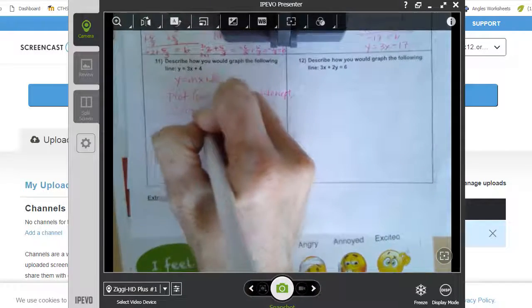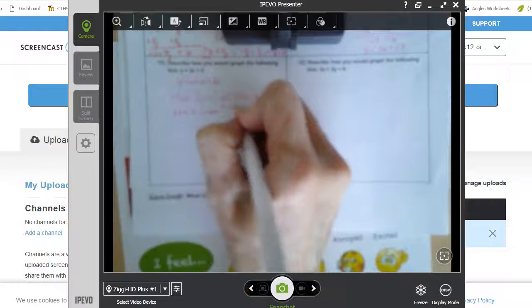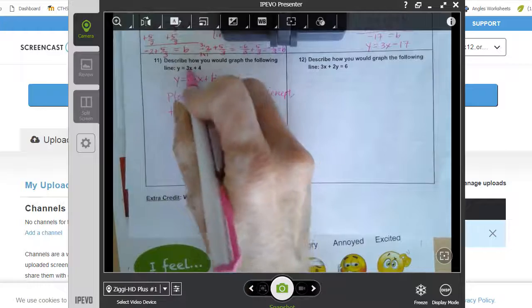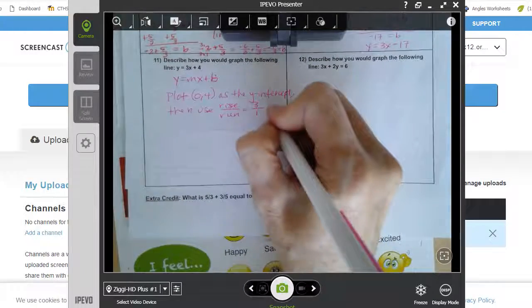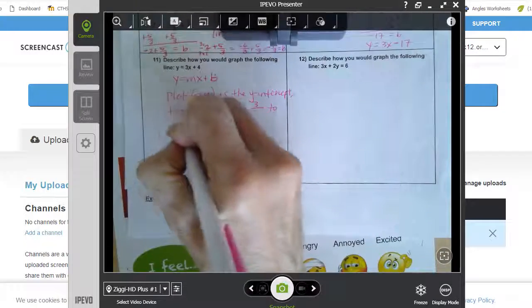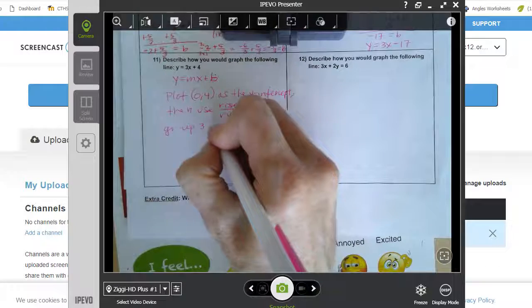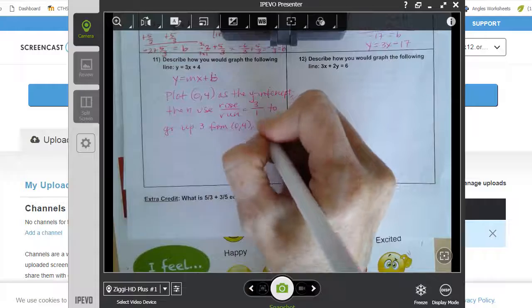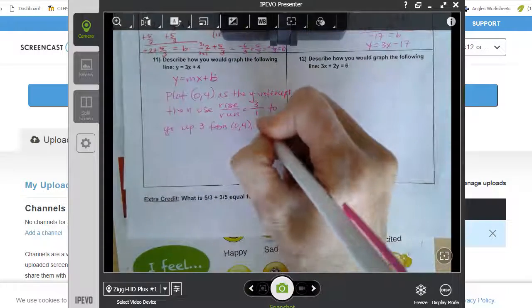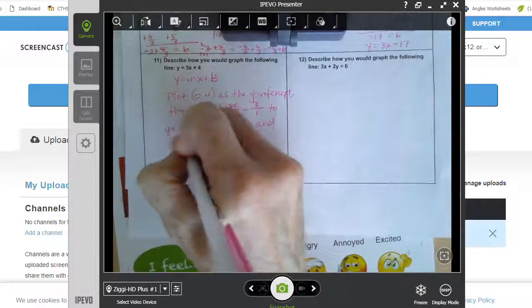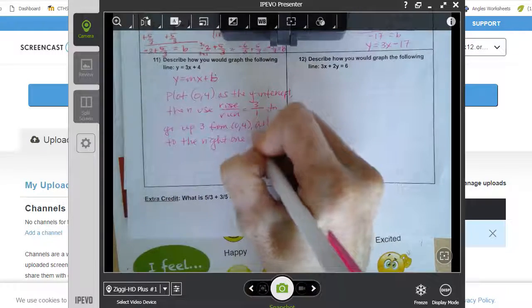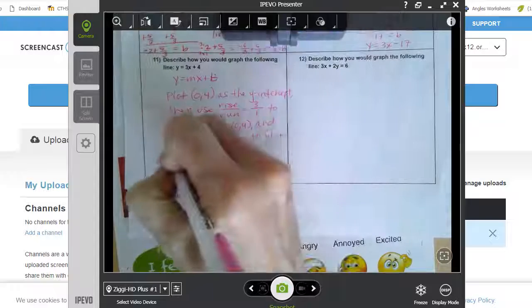Then use rise over run, which is for this one, 3 over 1, to go up 3 from 0, 4, and to the right 1, to plot a second point.